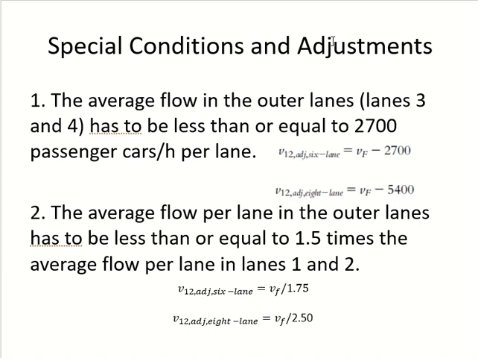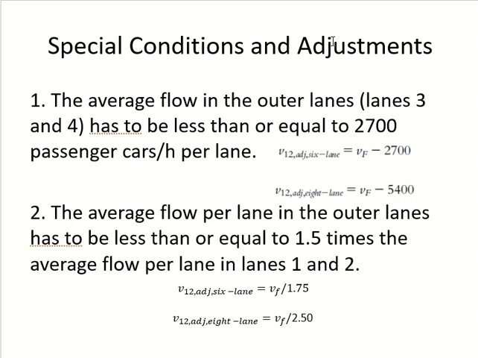So that 1000 is in the outer lane. If there's only one outer lane, per lane is 1000, right? Outer lane total is 1000 and we have only one outer lane, so per lane volume is 1000. If there are two outer lanes, it is 500 per lane, right?